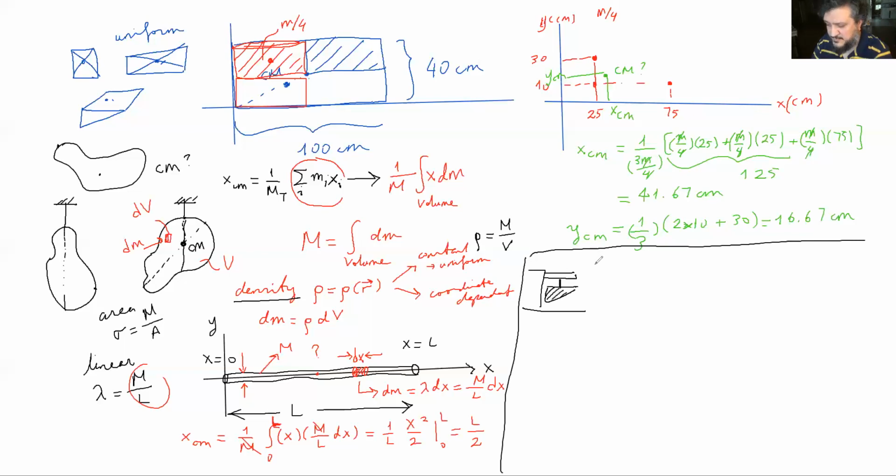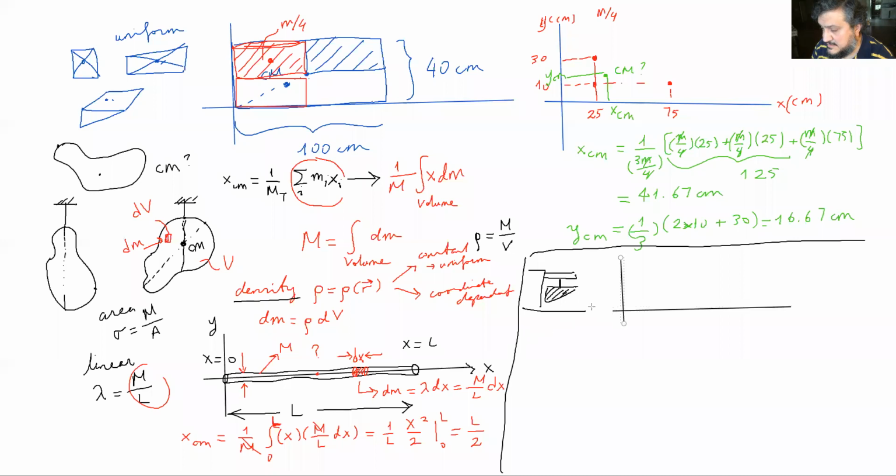And the thickness of the board is negligible. We're just treating it as a two-dimensional object. Okay, so let's use our XY frames again. This is X, and then you'll need a Y to go with it.